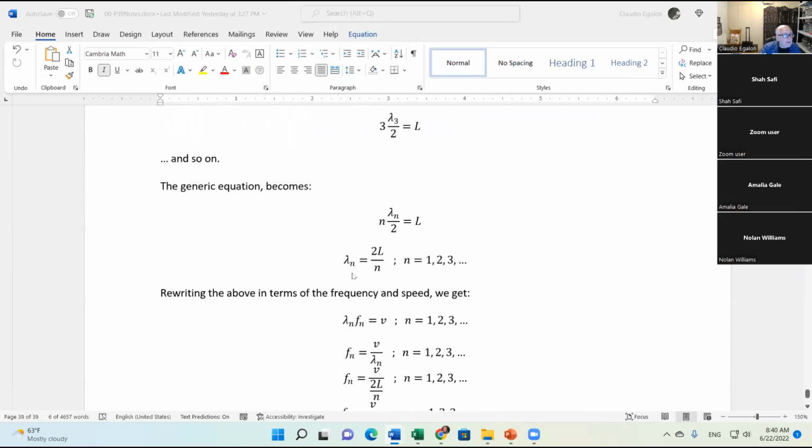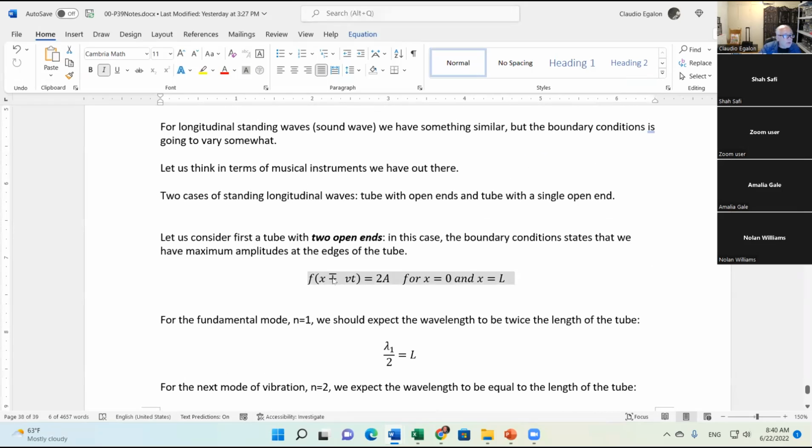It's better to write it in this way. Here you go, for the open end.